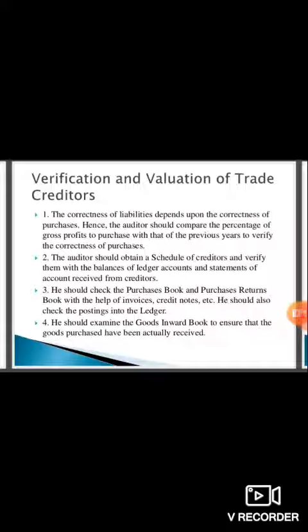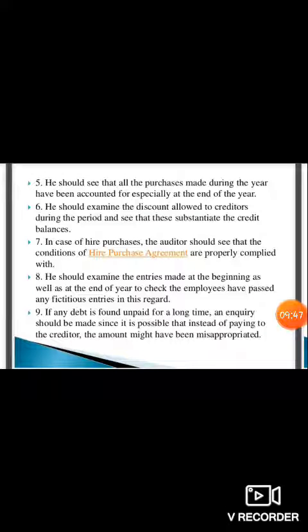So he has to check the goods inward book of the warehouse to know the purchases. He should see that all purchases made during the year have been accounted for, especially at the end of the year. This thing should be verified by the auditor to know the actual purchases.